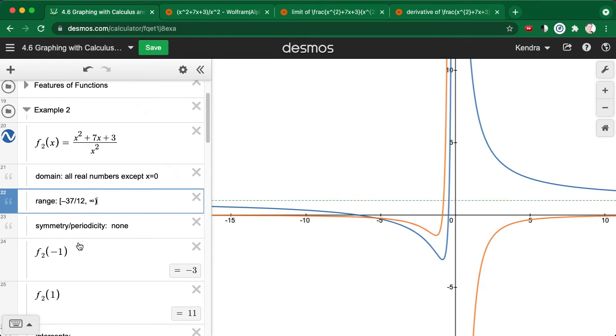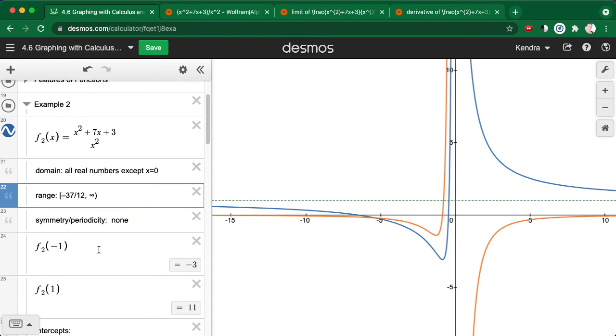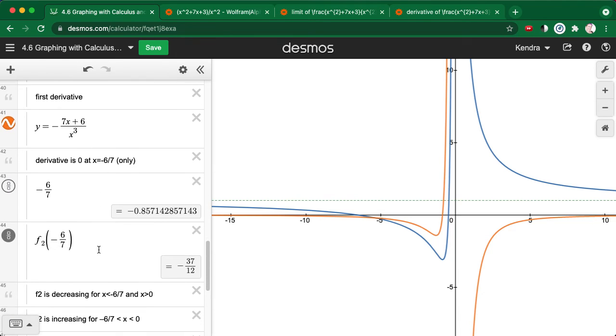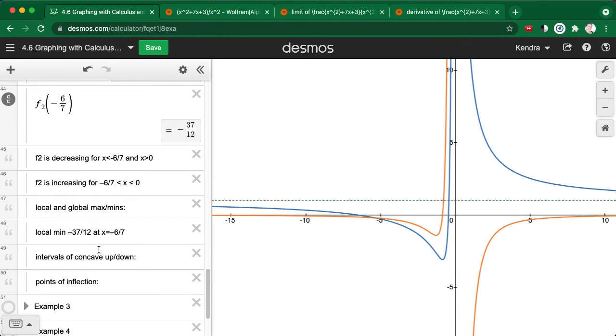Okay, so now I have settled my range. Like I said before, a lot of times the range gets settled after you do some other analysis, and that's where it got settled this time. Okay, and I can say this is a global minimum.